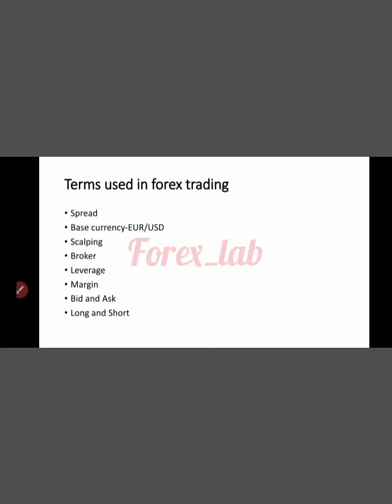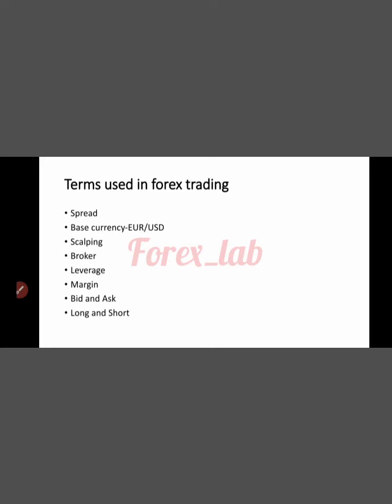And the next one is base currency. What does it mean, base currency? You need to have an idea of what it is. The base currency is the first currency listed in a currency pair, such as USD Euro, where the US dollar is the base currency.